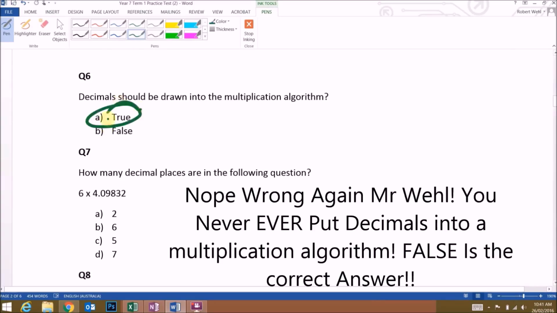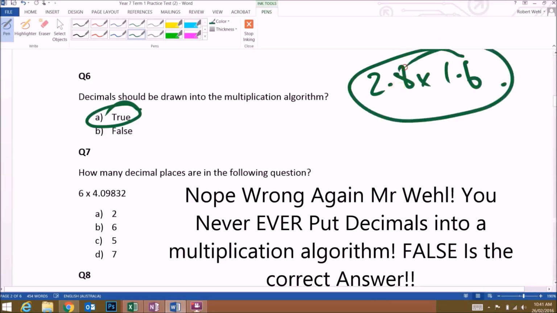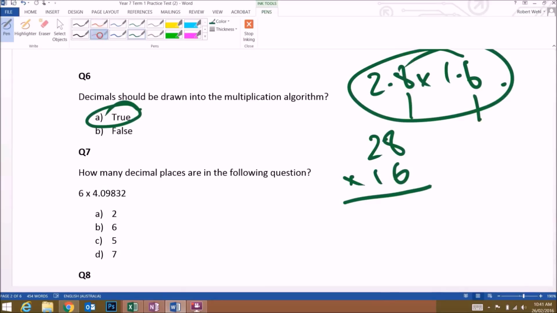That's true, as long as we're doing multiplication. So if we're doing that question, we would rewrite it as that, and then we would count how many decimal places that we have. So 1, 2, and we'd put them into our answer. For that, that's true.